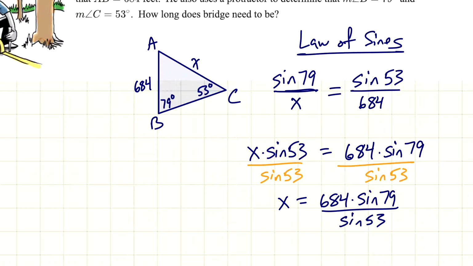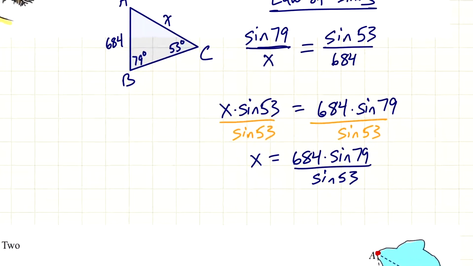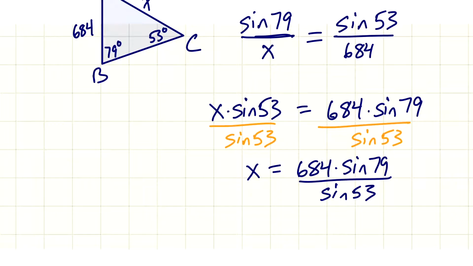All right, and hopefully this gives us, so we're looking for the length of AC, which was also x. So this is approximately, this is what the book has, 840.7 feet.